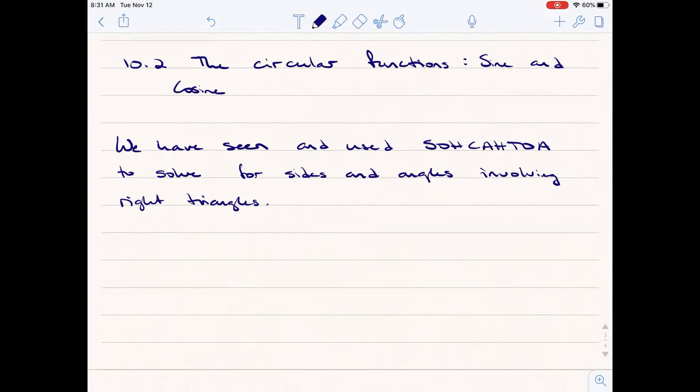Right triangles means that it only applies for acute angles, right?